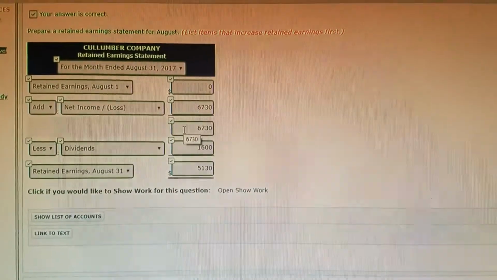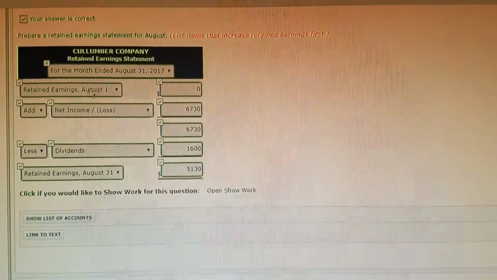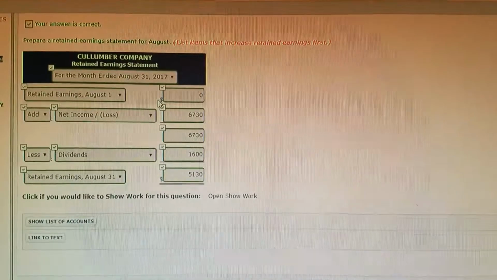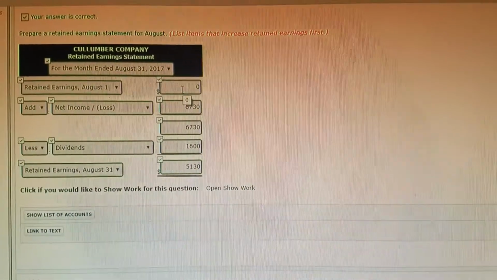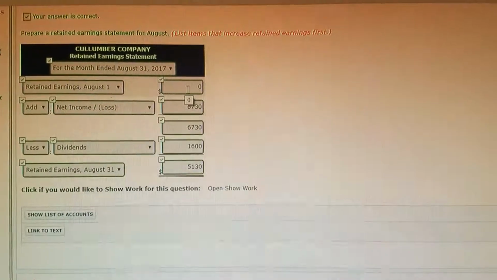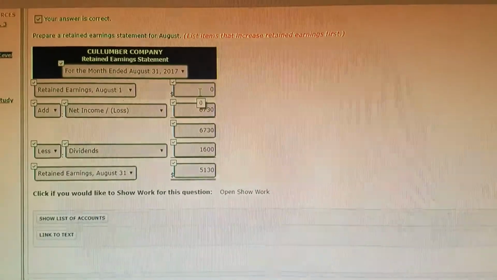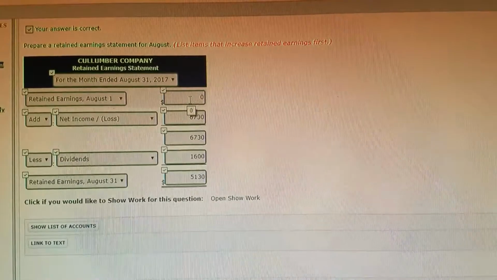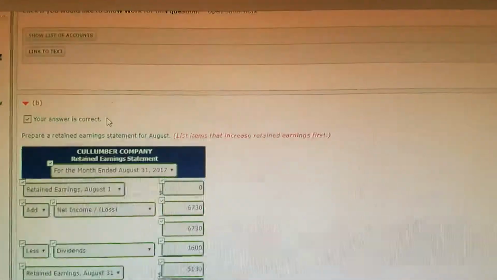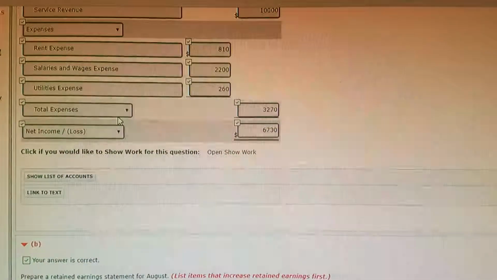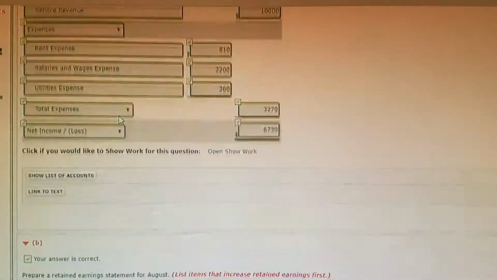And for August, we are given information that there's no retained earnings, so we place a 0 in the statement. It's the first value we record. We add the net income, which we take from the last income statement.